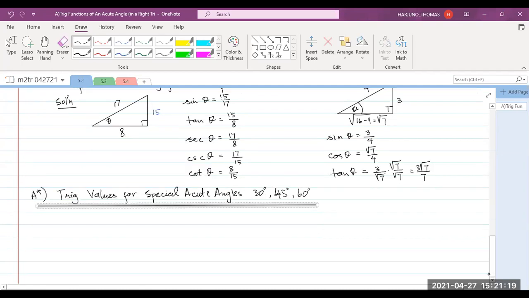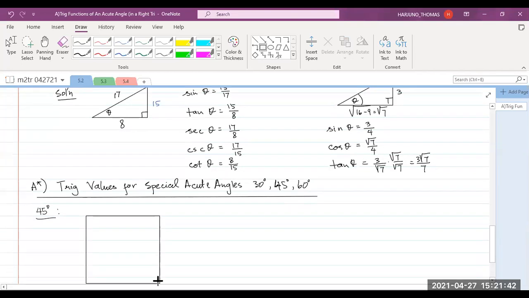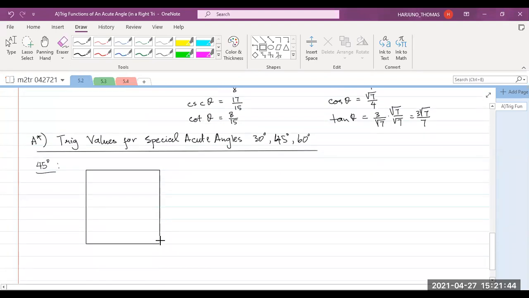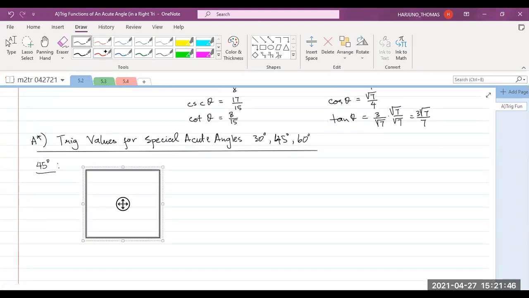Now we will develop and later on memorize the values of sine, cosine, tangent of these three special angles. I will start from 45-degree triangles. The way we achieve a 45-degree triangle is by getting a square that we bisect diagonally.